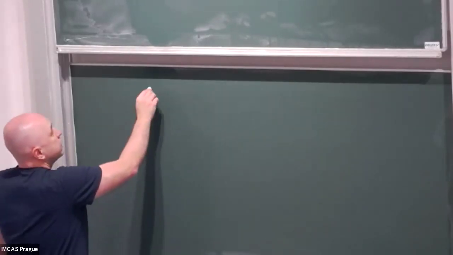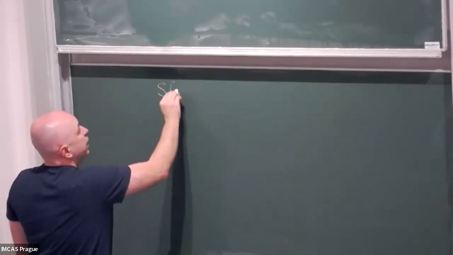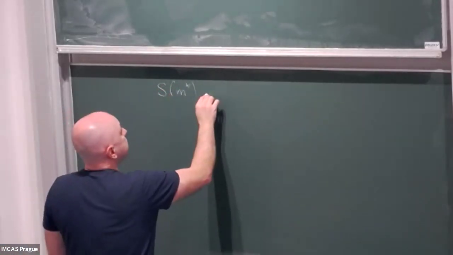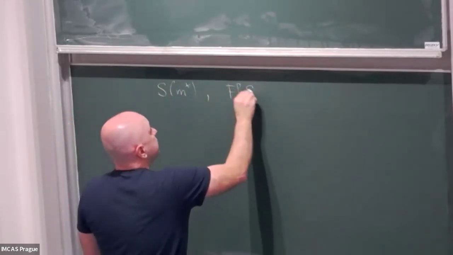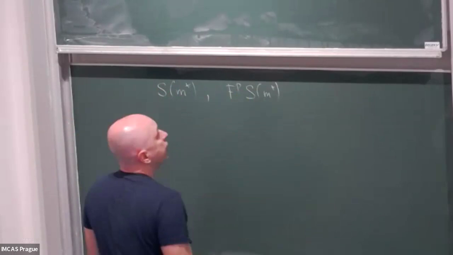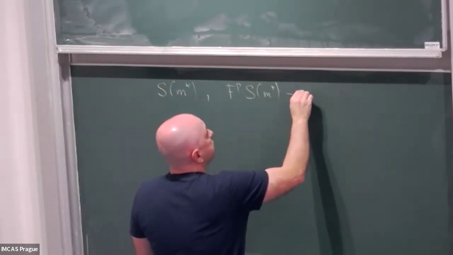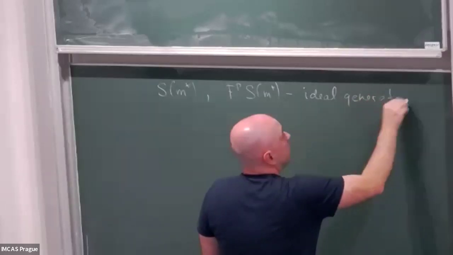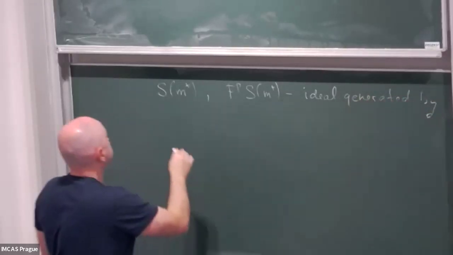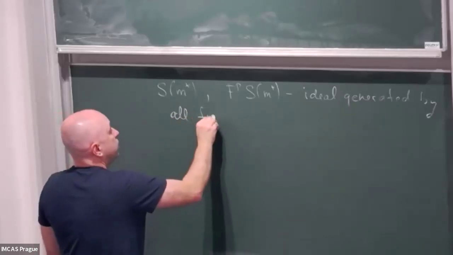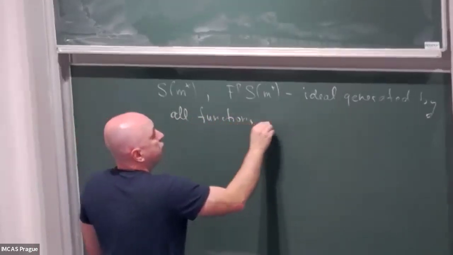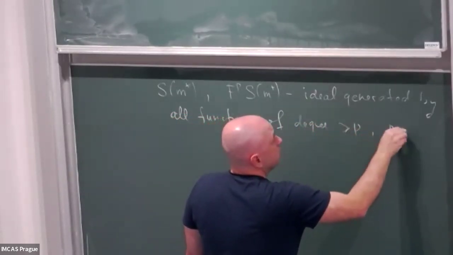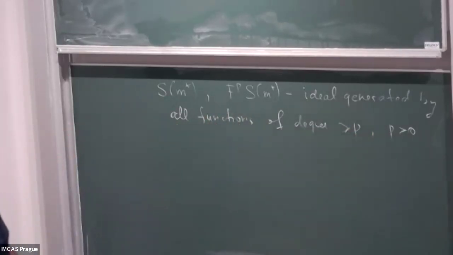So let's take Sm star. Let's consider the filtration Fp of Sm star, which is the ideal generated by all functions of degree greater than p, where p is supposed to be greater than 0.